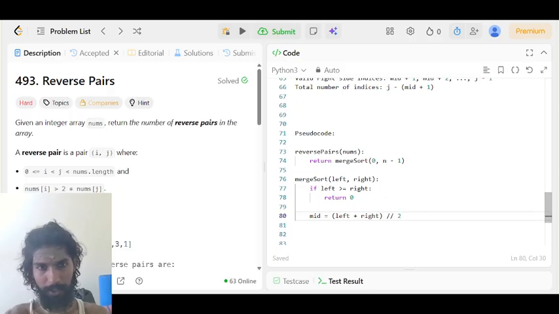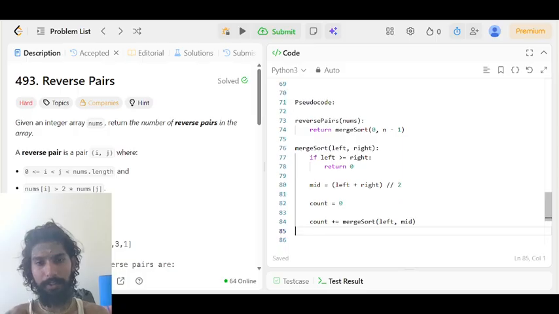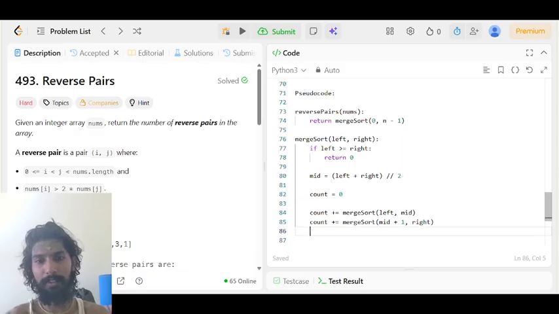Else we make mid equal to (left + right) double slash 2. Then we initialize count equal to 0. Then we increase the count by recursively calculating in the left half, and similarly we calculate the number of reverse pairs in the right half.